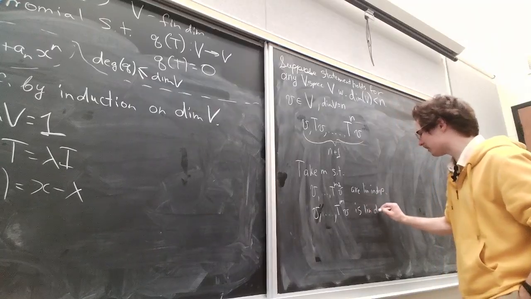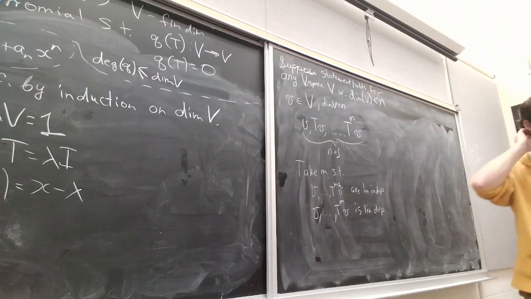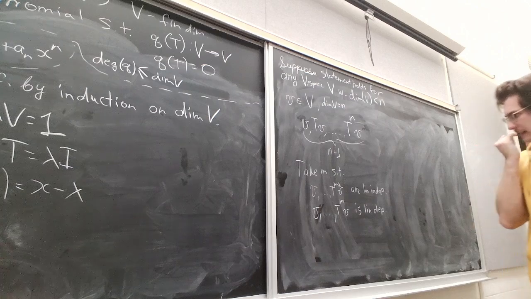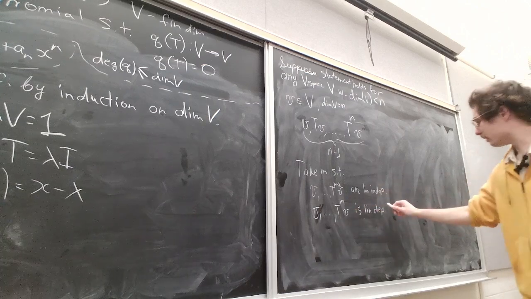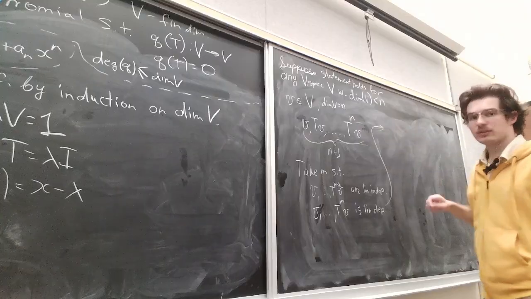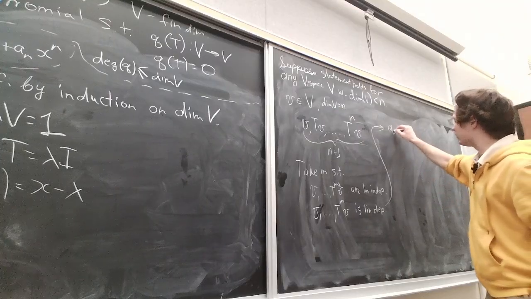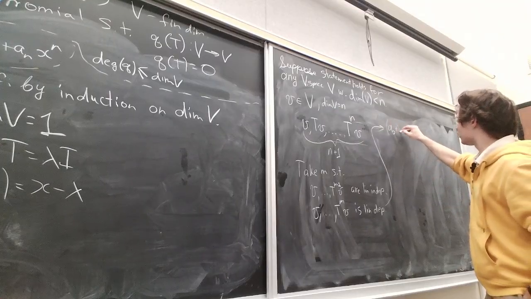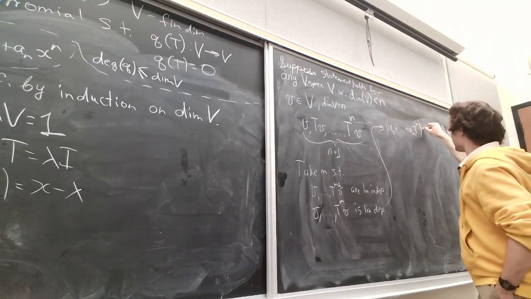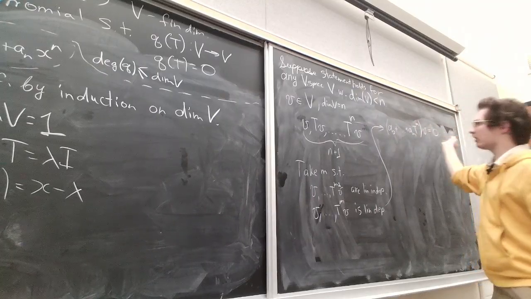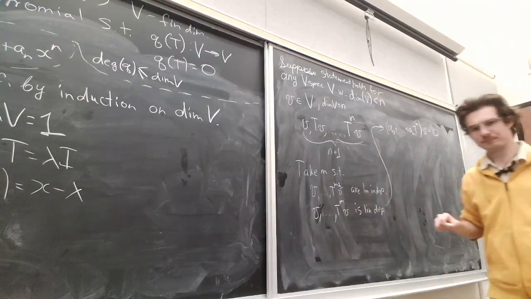Sorry, this is what I meant. What do I have? If these things are linearly dependent, this means that there exist some a0 v plus dot dot dot plus am T^m v such that this is equal to 0. Do you agree?